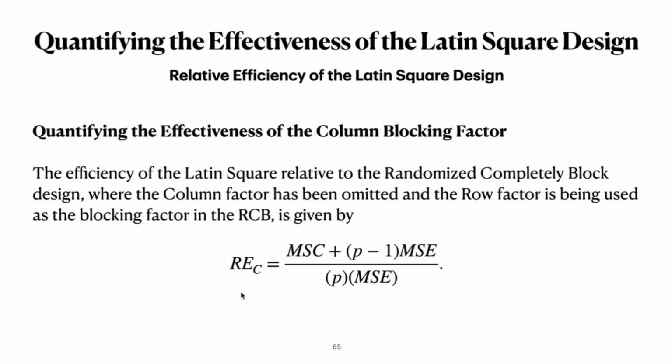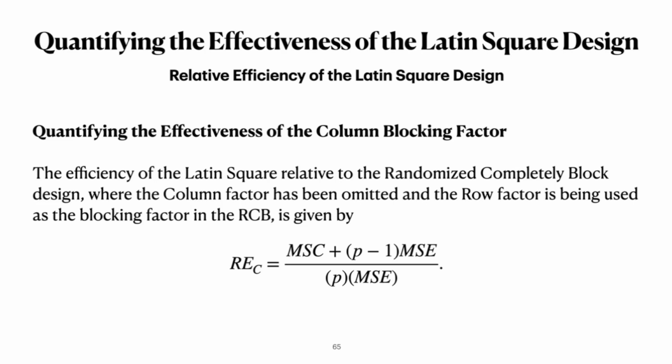The idea here is that instead of using a Latin square design with both of the blocking factors, the rows and columns, suppose we omit the column blocking factor but retain the row blocking factor. With a single blocking factor, we could conceive of performing the experiment using a randomized complete block design, and that is the comparative model here.